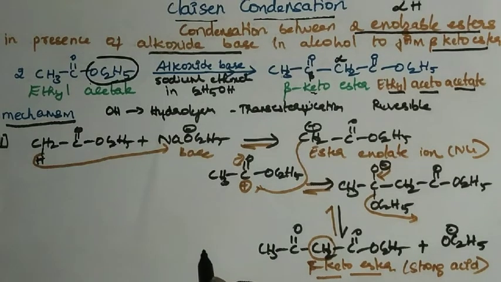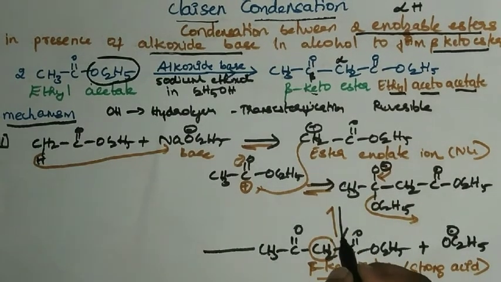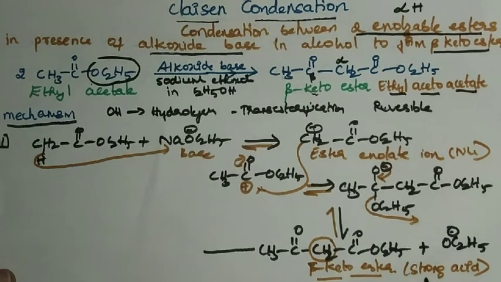See here, it's all reversible reactions, and since it is a very strong acid, in presence of ethoxide ion it will abstract the hydrogen from the alpha carbon. This is the alpha carbon.